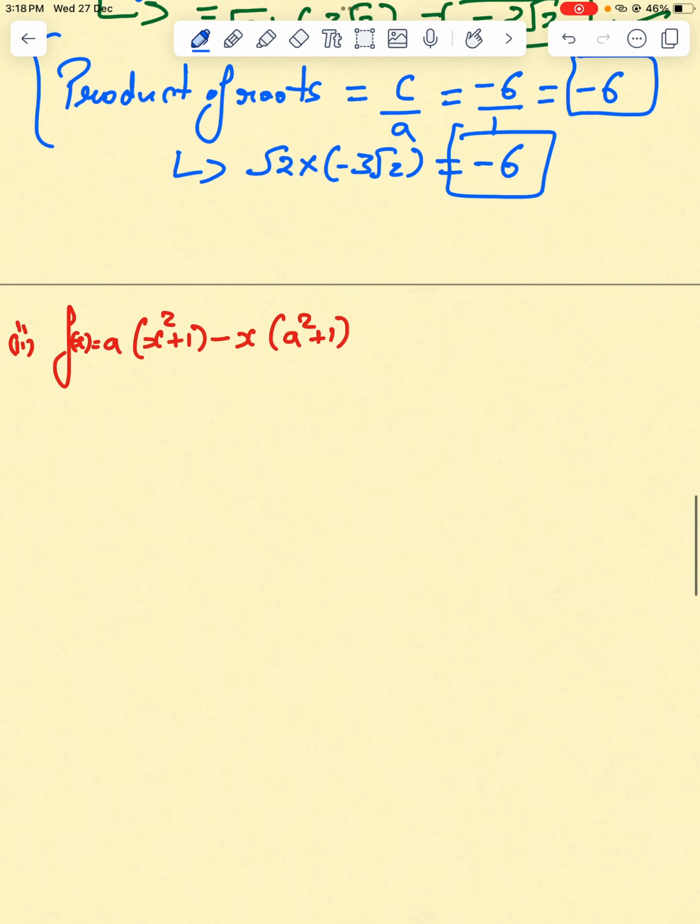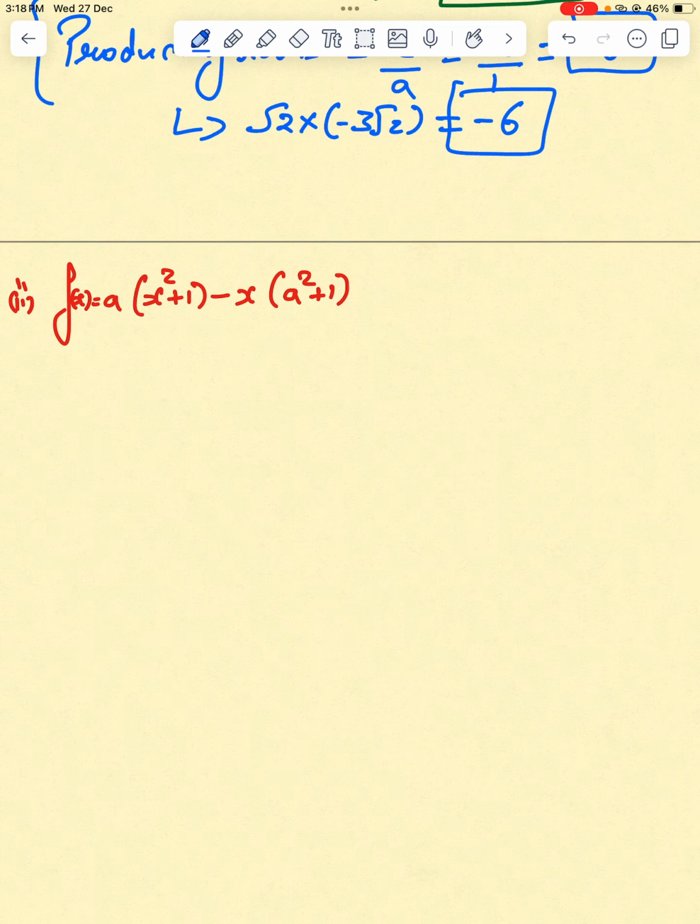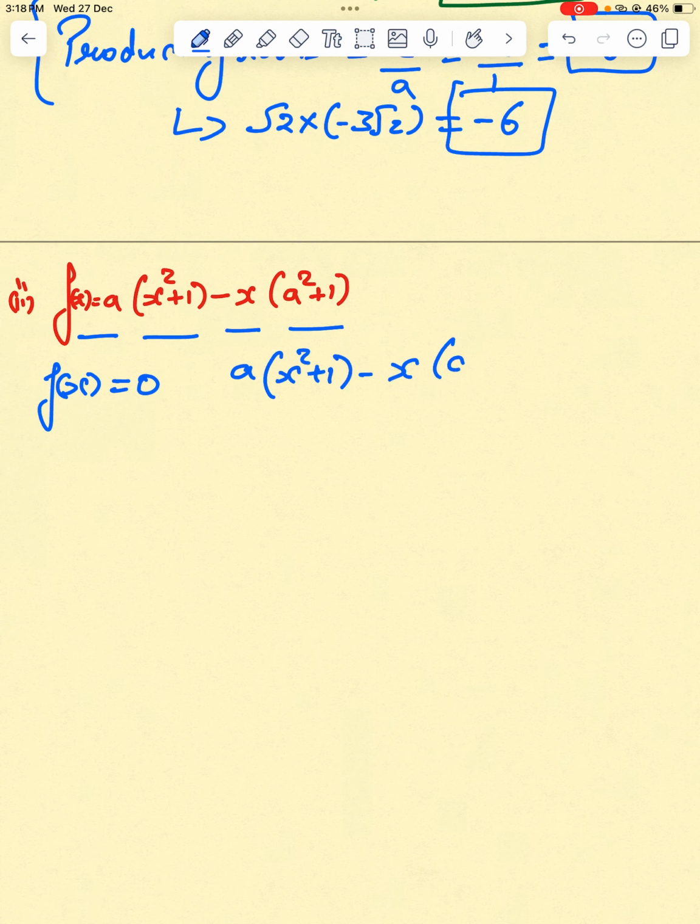So our next question is f of x is equal to a in bracket x square plus 1 minus x in bracket a square plus 1. So first step is put f(x) equal to 0, and next part is open up the bracket like this: a(x square plus 1) minus x(a square plus 1) is equal to 0.